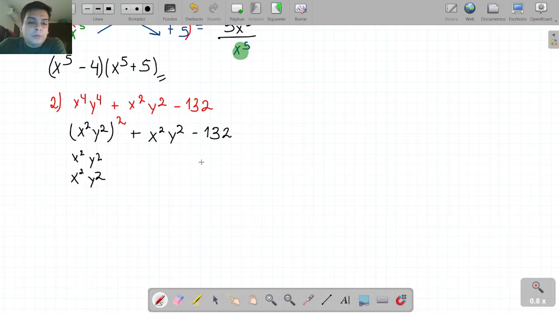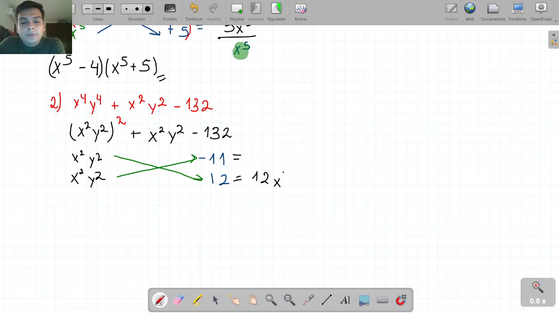We are going to play with those numbers, 11 and 12. Now, minus 11 times 12 is going to be minus 132. We can go crossed. And yes, you may realize this is going to be 12 x squared y squared minus 11 x squared y squared, and this is going to be just x squared y squared.